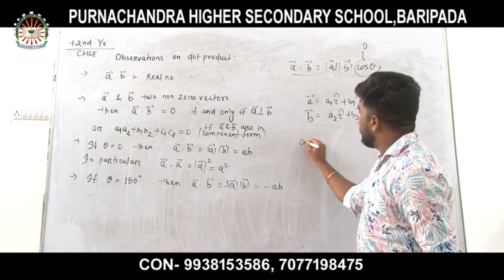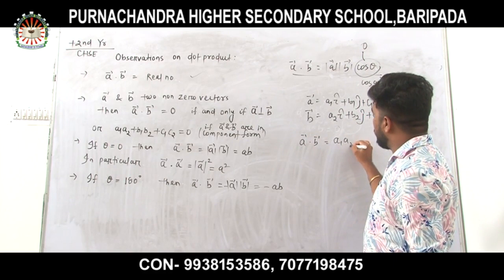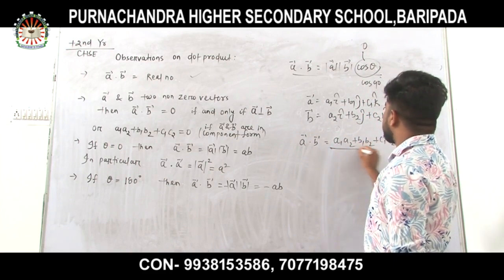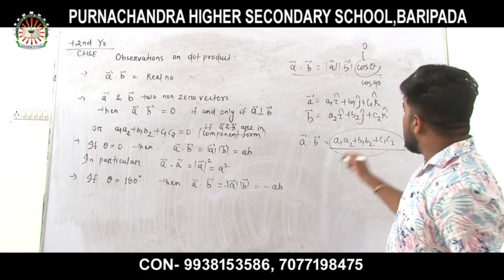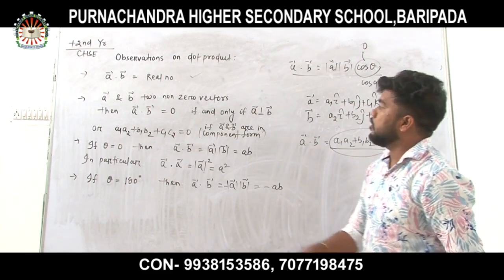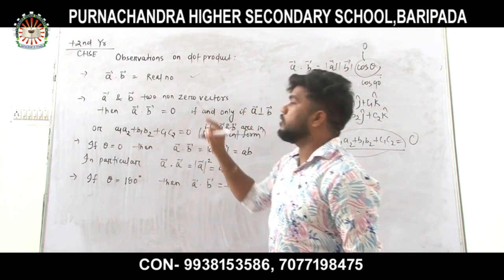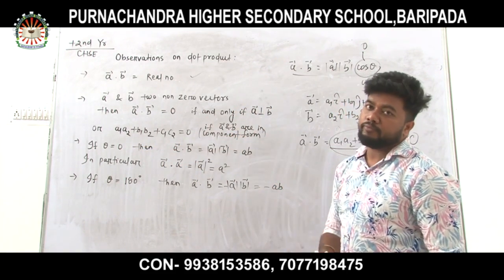A dot B is A1 A2 plus B1 B2 plus C1 C2. When A and B are perpendicular to each other, this is also 0. We can write A1 A2 plus B1 B2 plus C1 C2 equal to 0, if A and B are in component form.